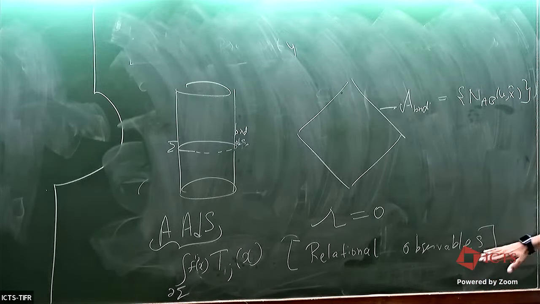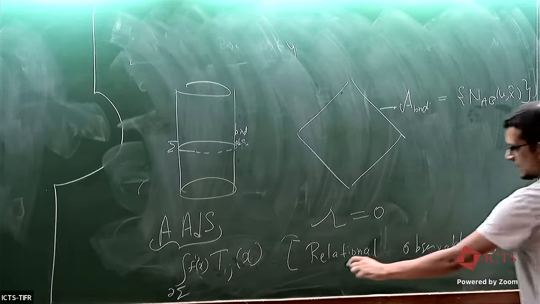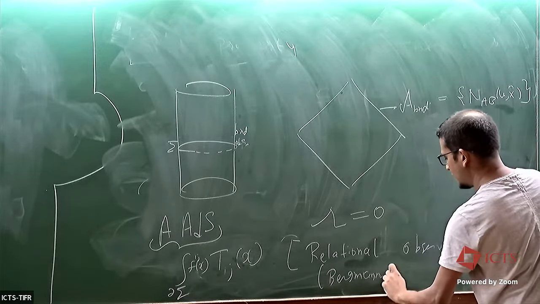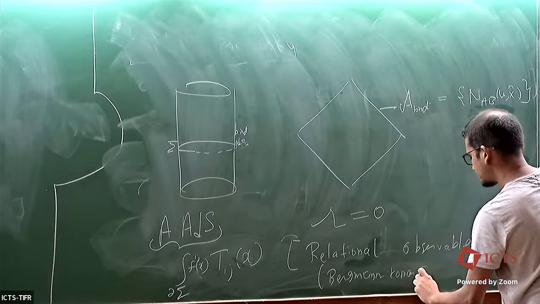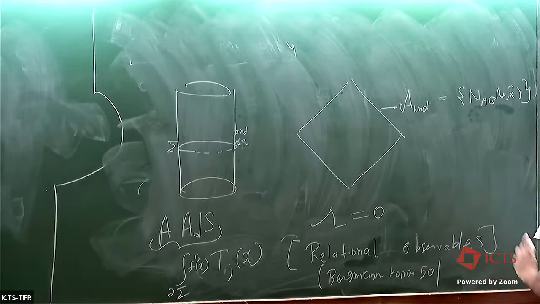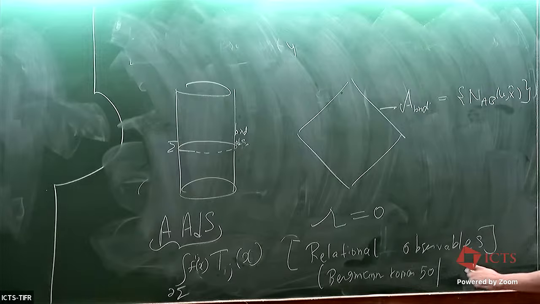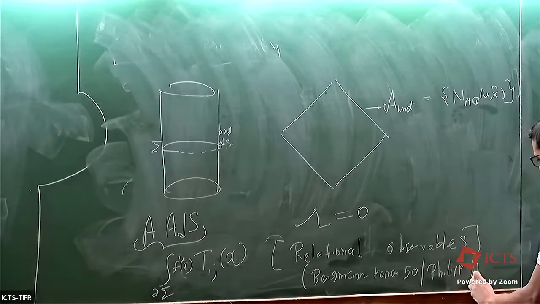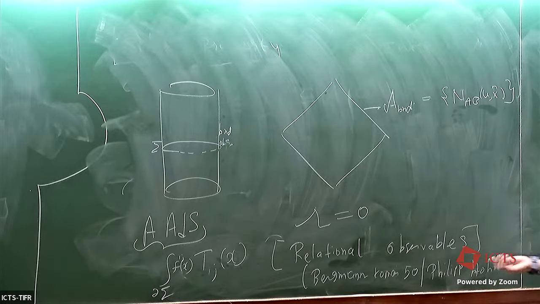This class of observables has a long history, starting from Bergmann and Komar's work in the 50s. And especially I strongly recommend a paper by Philippe and his collaborators that came out, I think, maybe last year, where various notions of these observables are explained in a beautiful manner.